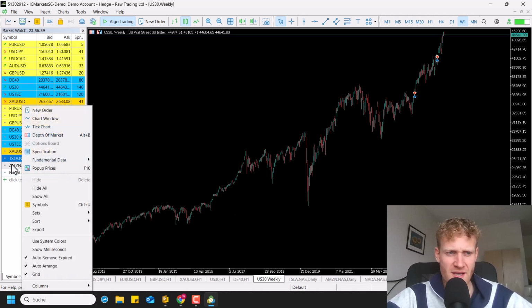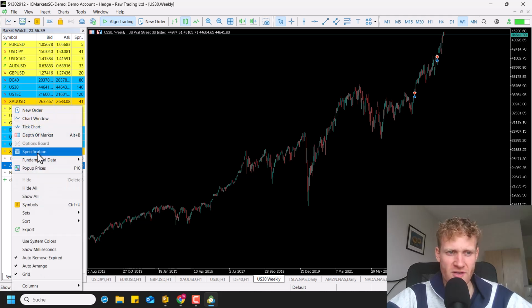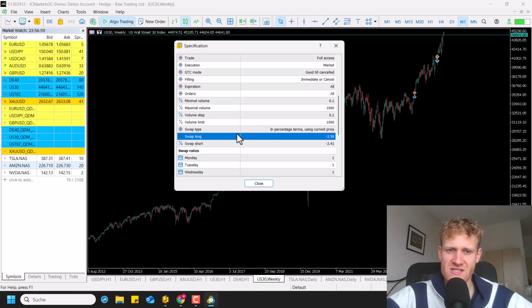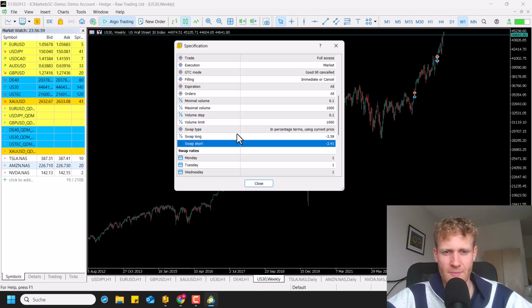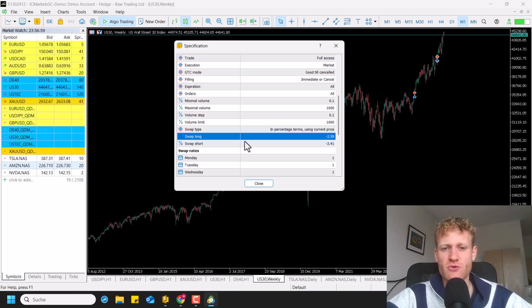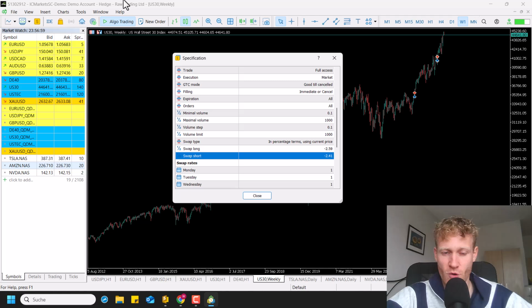And if we have a look, for example, at Amazon, and if we go to the specifications here in the market watch, we will see the costs are exactly what we see here. There's the so-called swap. In CFD trading, we usually pay a swap if we hold positions overnight. This is different for every broker.